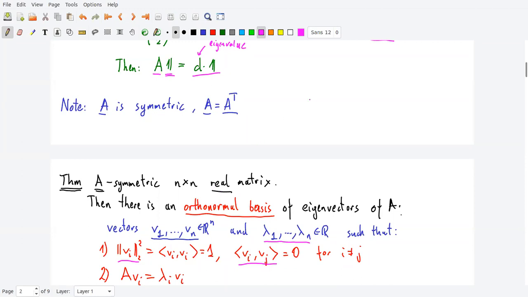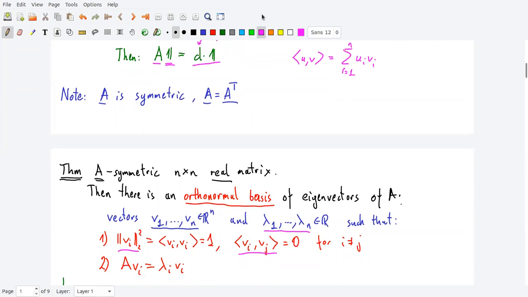Just to remind you, the scalar product of two vectors u and v is defined as the sum of ui times vi, where ui is the i-th entry of vector u. A scalar product equal to 0 means that the two vectors are orthogonal. Then each of them must be an eigenvector with the corresponding eigenvalue lambda i. If you act with matrix A on this vector vi, you get the same vector vi, only scaled by the corresponding eigenvalue.